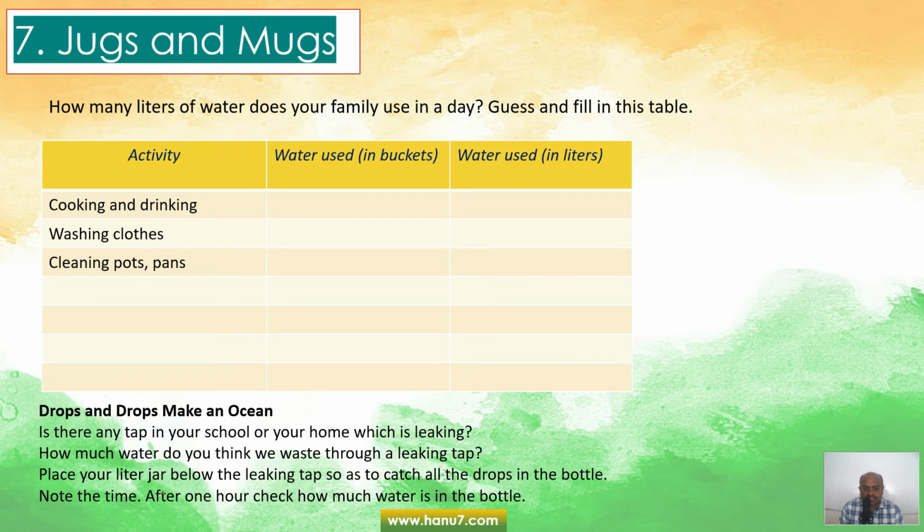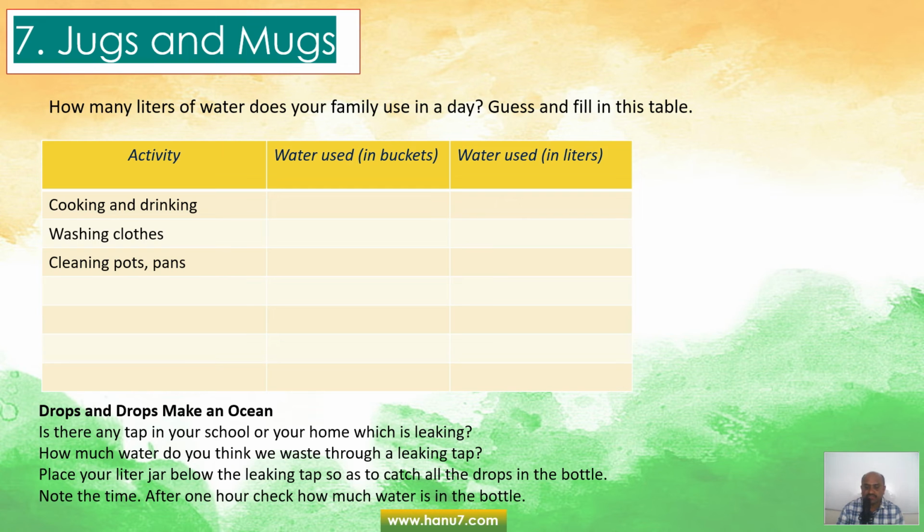Place a little jar under the leaking tap so as to catch all the drops in the bottle. So what it is suggesting us to do is place a liter jar below the leaking tap so that all the drops will be caught. Note the time, and after an hour check how much water is in the bottle.